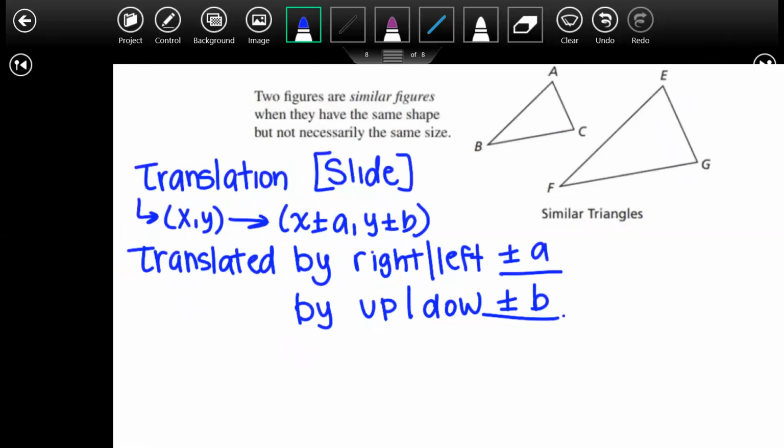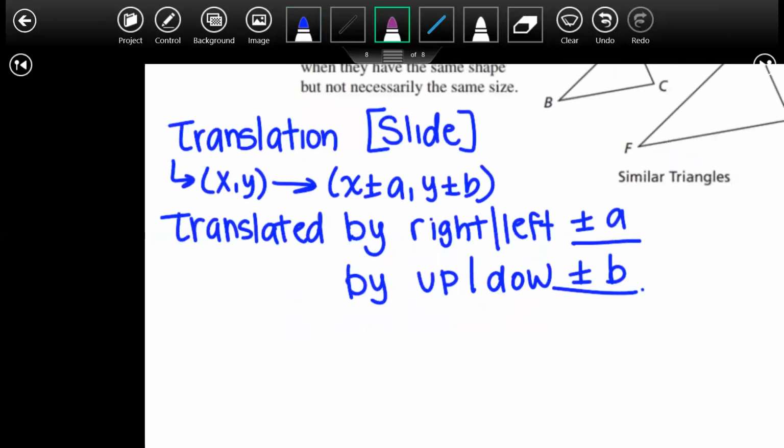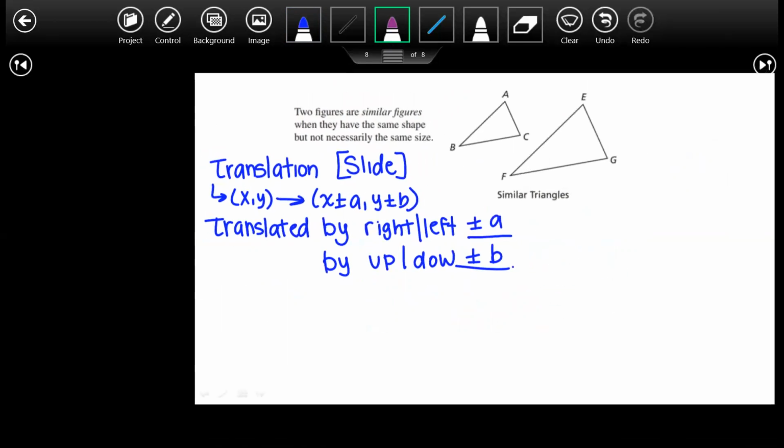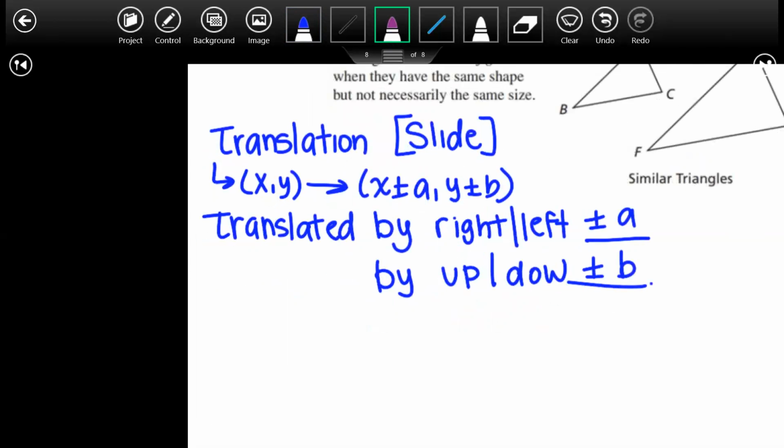The next one that we're going to do here, what was another one we talked about? Awesome. Reflection. A reflection is implied by a flip. This should be review for you guys.